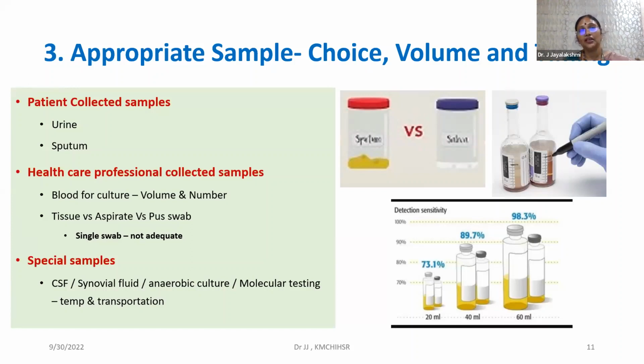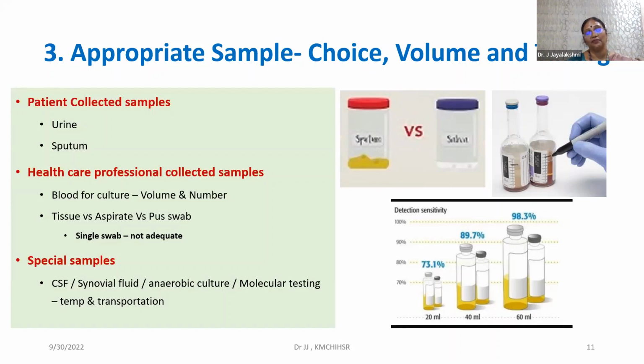So it's important that the laboratories are informed earlier about the requirement of anaerobic cultures for a suspected anaerobic infection, and then ask for the samples, and use anaerobic culture transport media or transporting systems for sampling when they can be brought in. Or for molecular testing samples, of course, it's important that the type and volume are right.